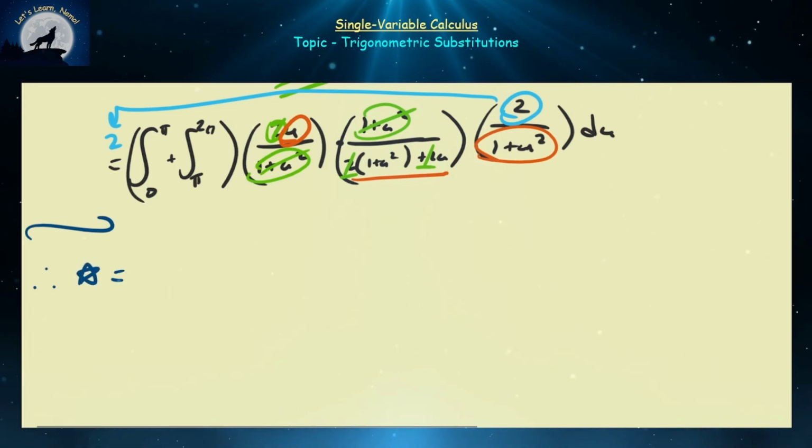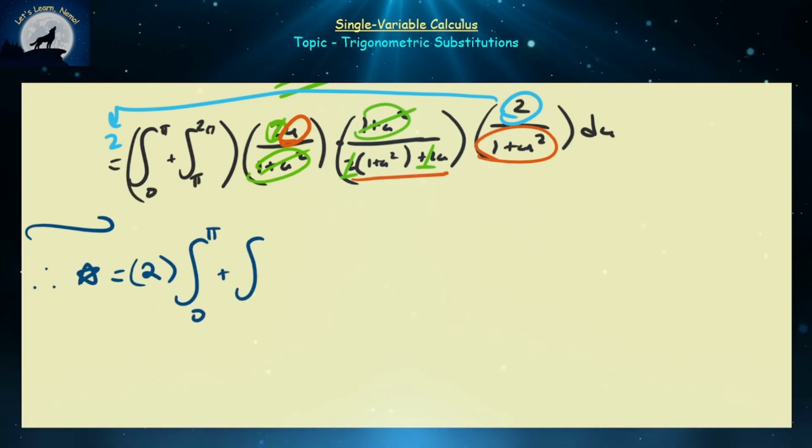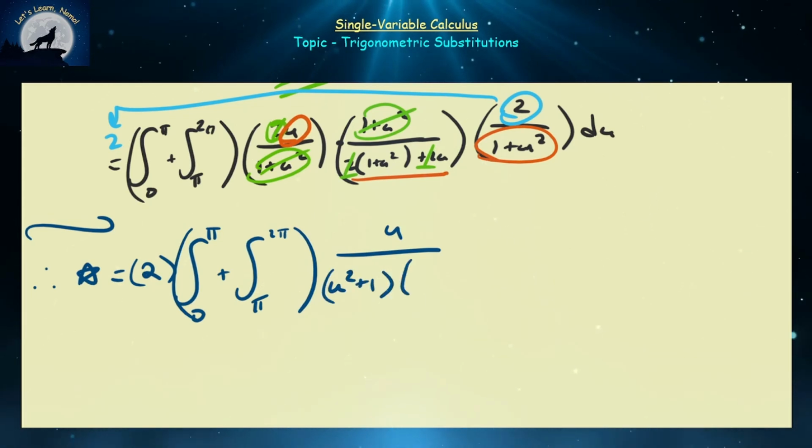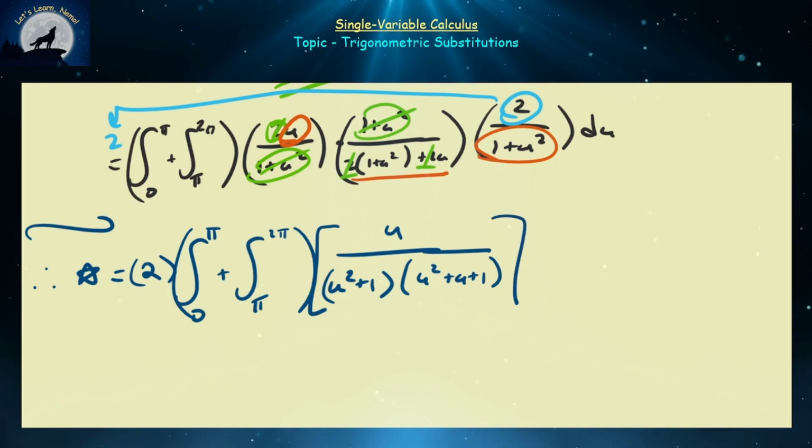So our integral of interest will be 2 times the integral from 0 to pi plus the integral from pi to 2 pi of, let's see, what is this? So we have u divided by, let's write this as u squared plus 1, and then u squared plus u plus 1, and then we're just going to have that multiplied by du. So we have two things that are pretty decent.